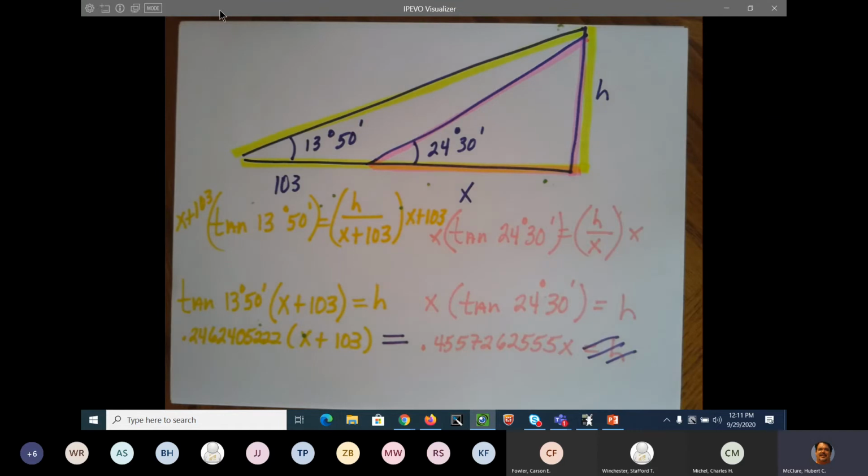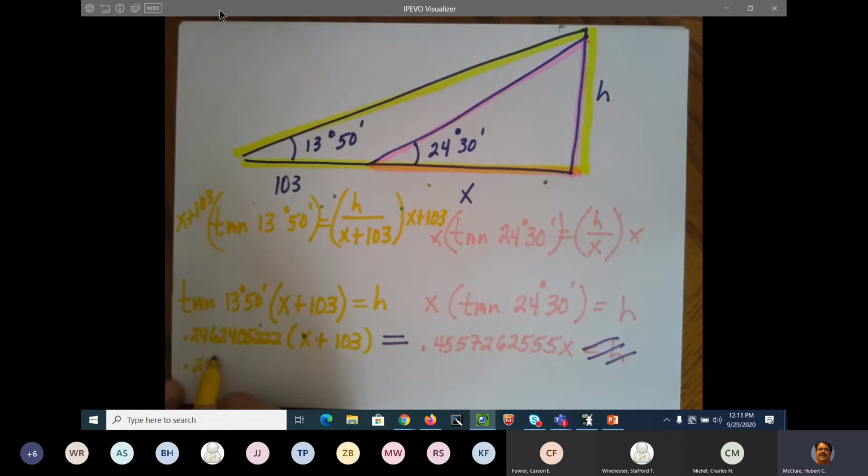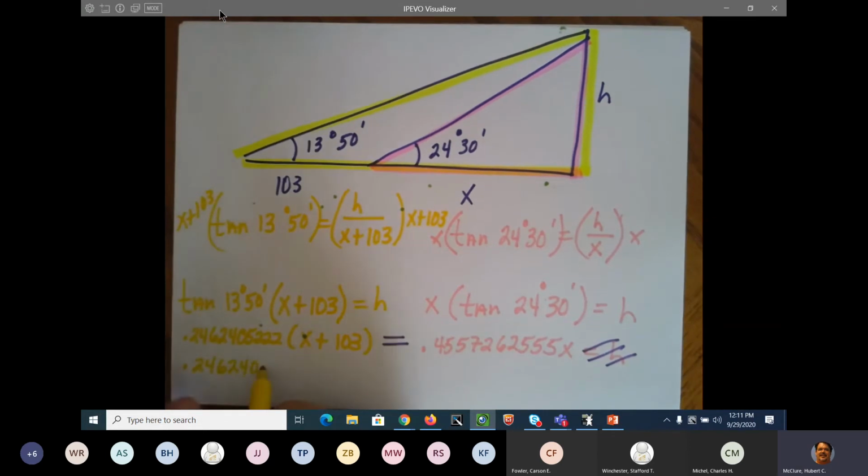I'm going to write all this down while y'all are working. So that's going to be 0.246205222x plus, and I'm going to do that in the calculator.